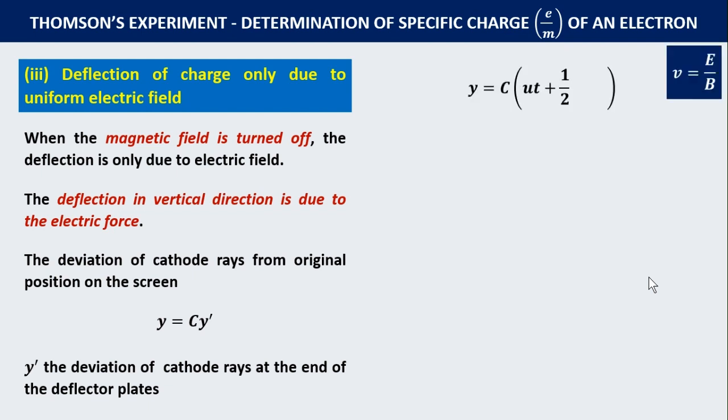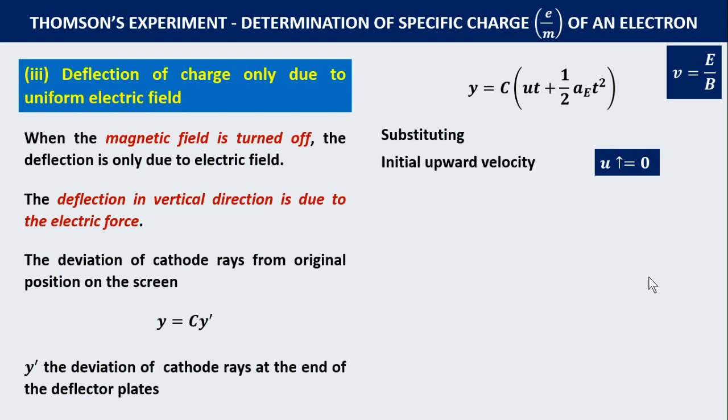So y equals c times ut plus half ae t square. Let us substitute. Initial upward velocity is 0. Then we substitute acceleration: ae equals the electric force by mass.